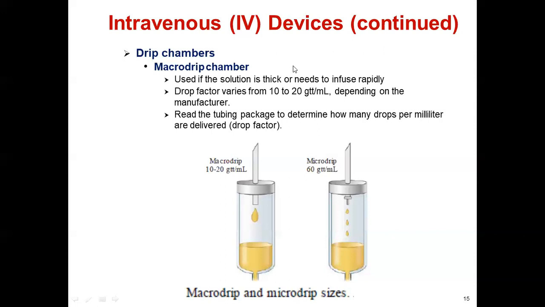So how do we calculate the flow rate? We calculate the flow rate by a formula. It is called the flow rate formula, and the unit is GTT per hour.